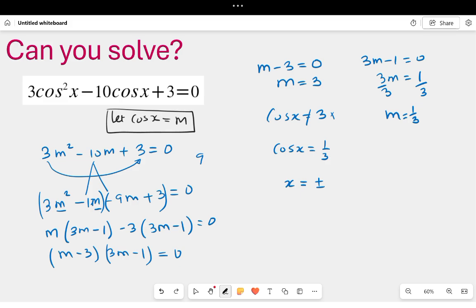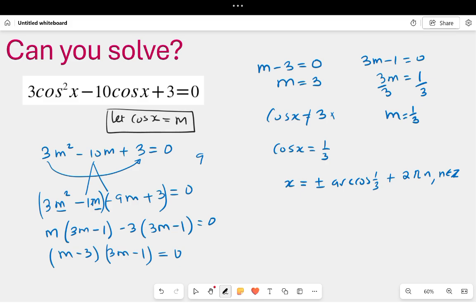All right, so plus or minus arc cos, which is the same as the cosine inverse. I use the plus and minus because the cosine is an even function. So, arc cos of 1 over 3 plus 2 pi n, whereby n is a member of the integers. So this will be the general solution.